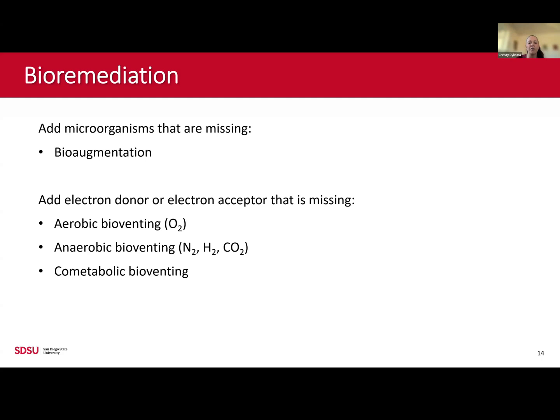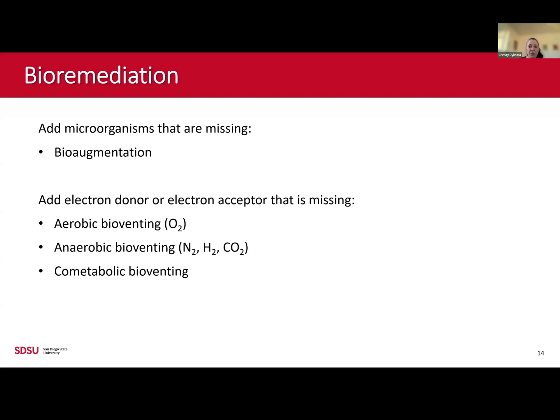And so what we want to do is bioaugmentation, where we put enough of the right types of microbes there to be able to break down the contaminant. This is not as straightforward as you might think, however, because a lot of the microbes that we want to break down our contaminants might have a very niche environment that they can live in.